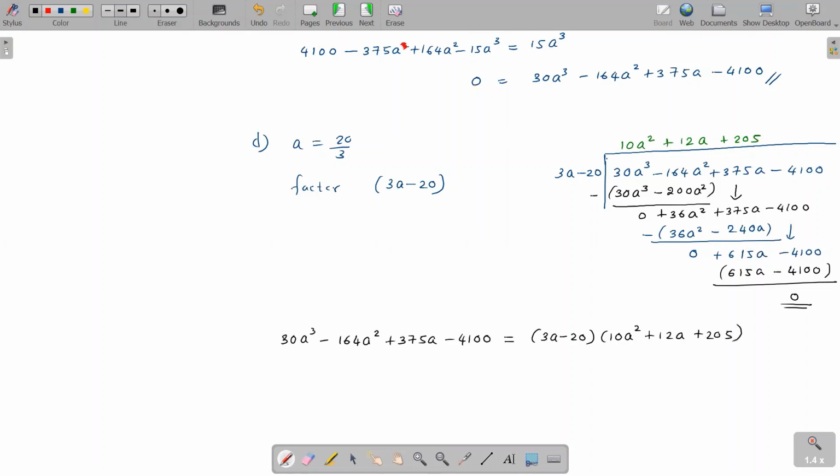Now what do you need to show? You need to show that A equals 20 over 3 is the only possible root. So you have to show that this particular quadratic equation has no other root.